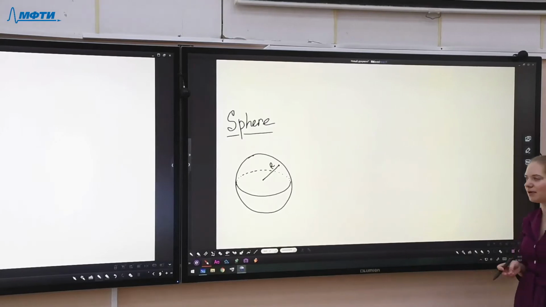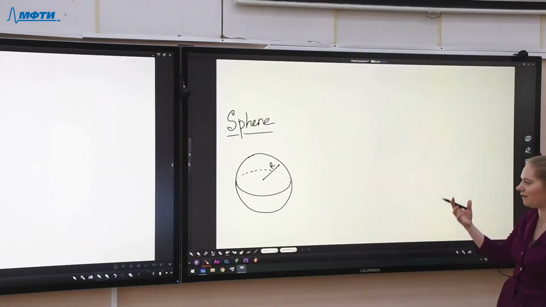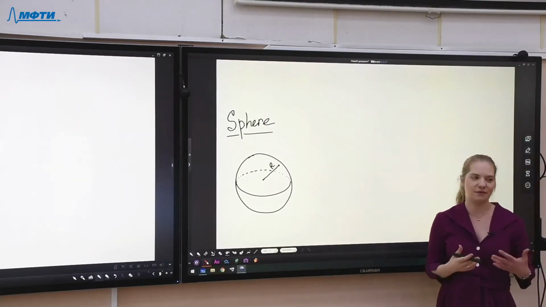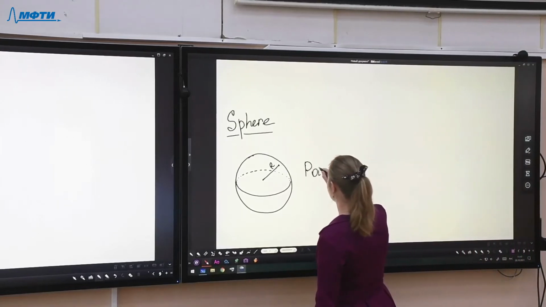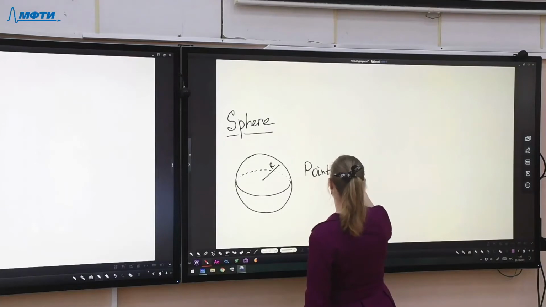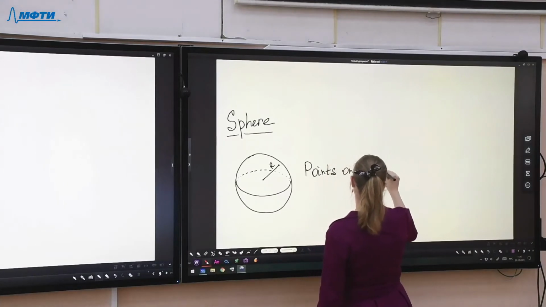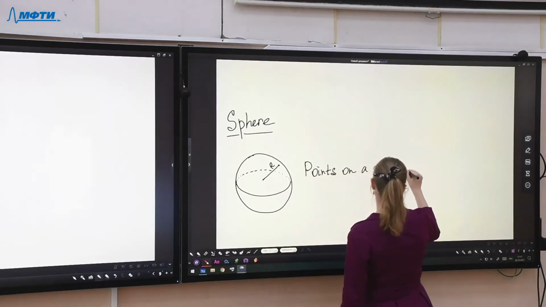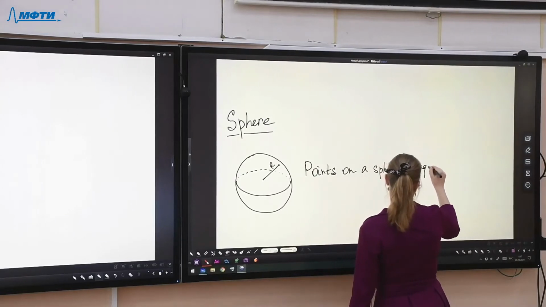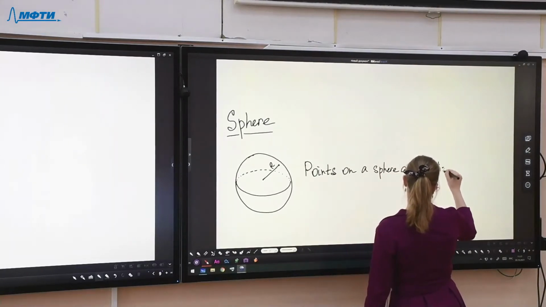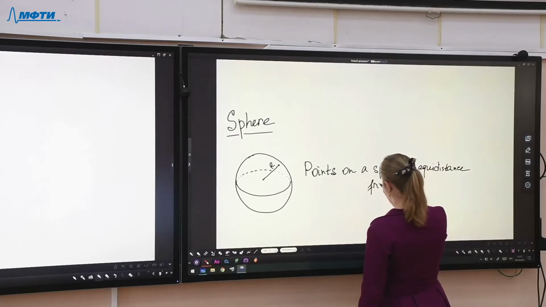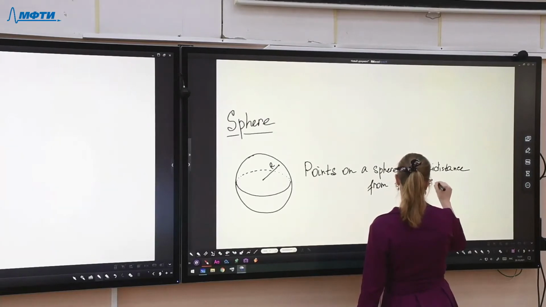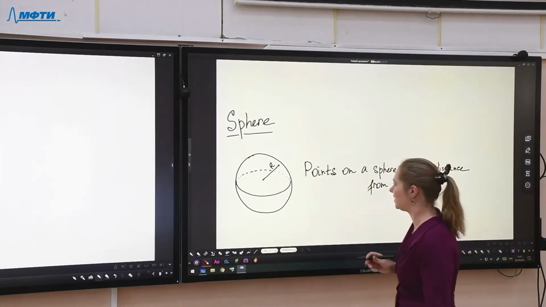So all the points lying on the surface of a sphere are equidistant from the center.